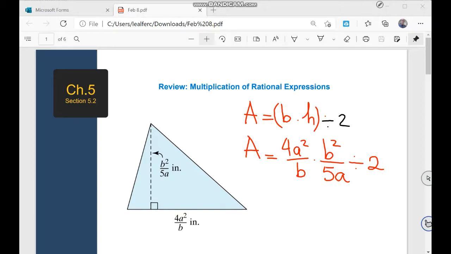You can work division of rational expressions by switching to a multiplication. So instead of divided by 2, you make this a multiplication symbol, and then you flip the rational expression that's after the division sign.